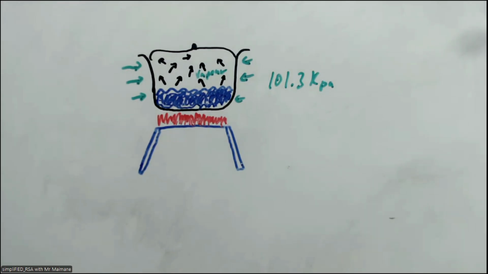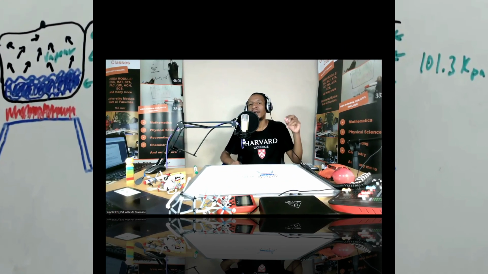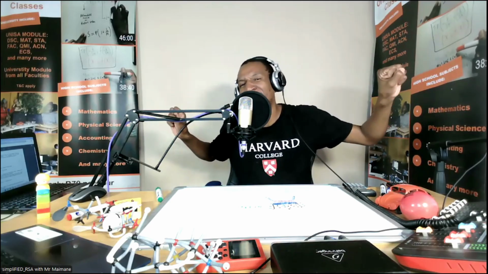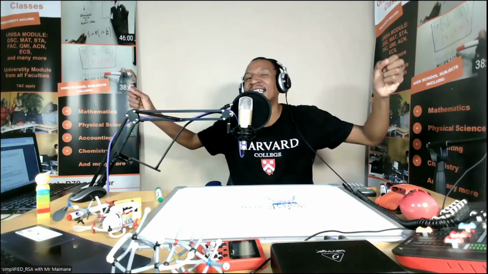So what I'm saying is, whenever you get to define a boiling point, don't just say it is a temperature at which water changes to gas. Try to mention the vapor pressure and the external atmospheric pressure, because at the point where the vapor pressure equals the atmospheric pressure, that's when the liquid inside starts to boil.